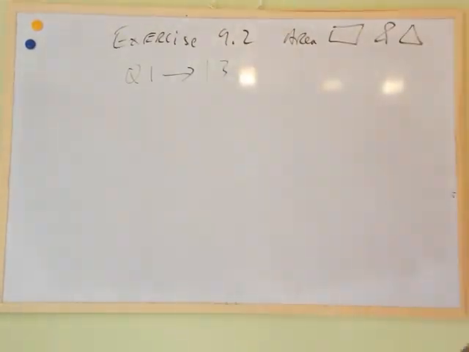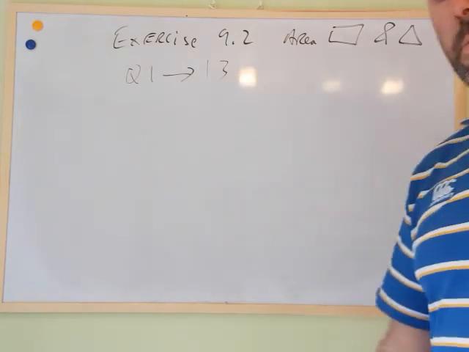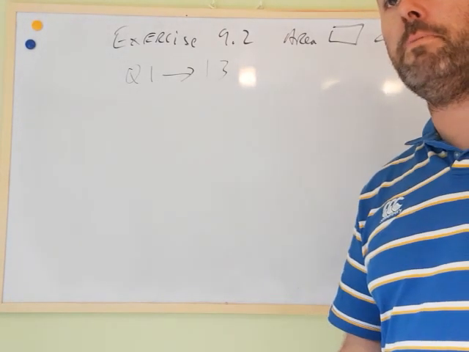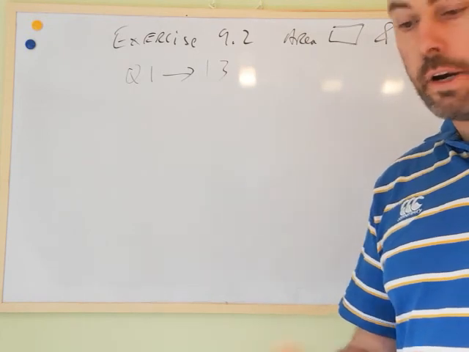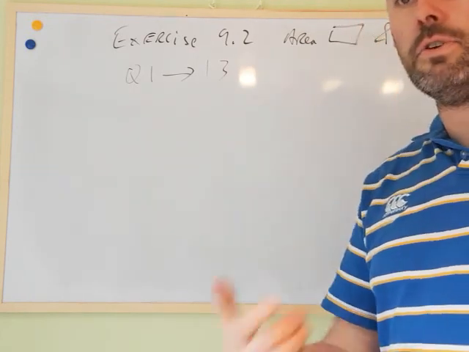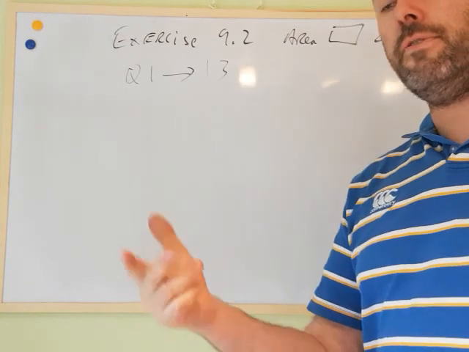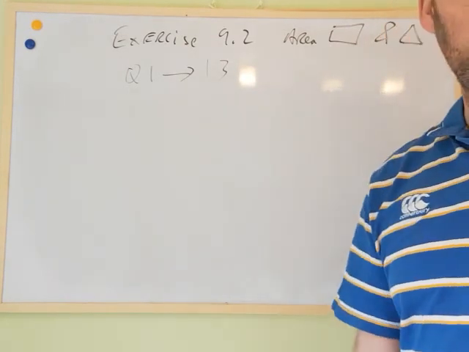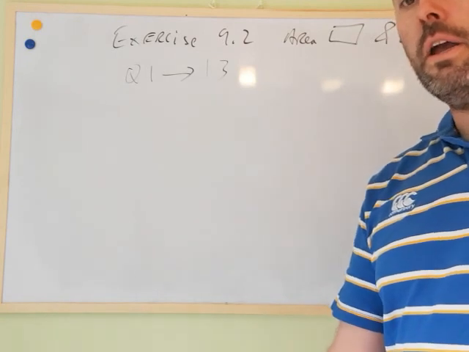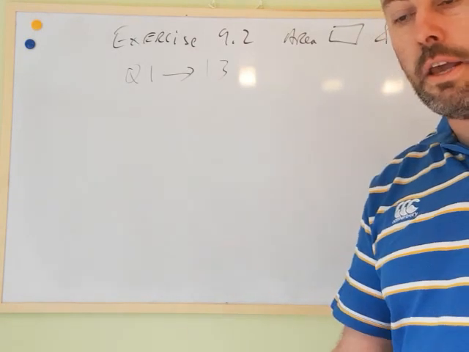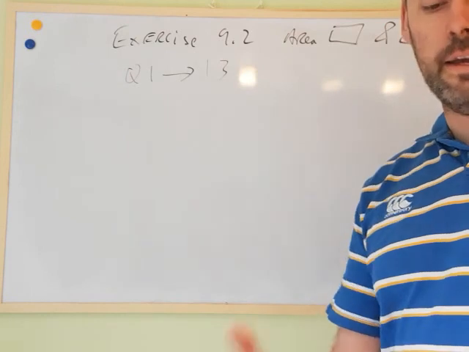By 4 o'clock, I want to be getting emails from everybody with pictures of your copies showing the work you've done, so I know you've been doing this work. If you're having any questions, if you're struggling, if the answer you're getting is completely different to the answer in the back of the book, then you can send me a picture of your work, email it to me, and then I'll be able to see where you're making a mistake and I can help you with it.